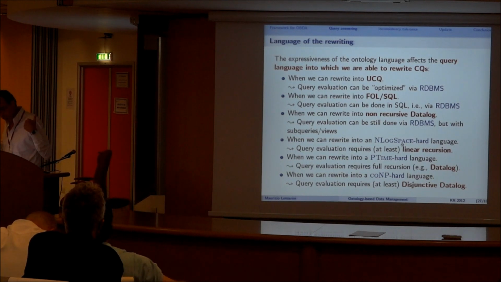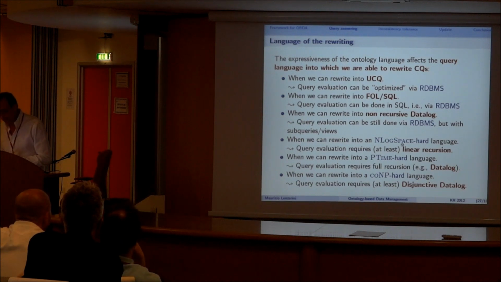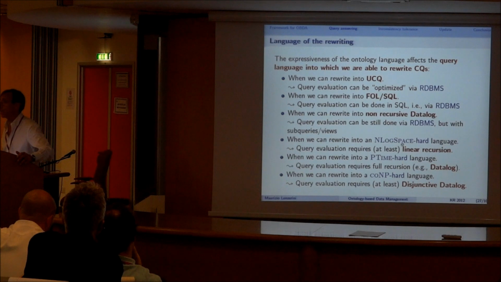And when, for expressing the rewriting, you need a P-time hard language, then you need Datalog, okay? And obviously, finally, when you can rewrite into a coNP-hard language, query evaluation requires at least disjunctive Datalog.